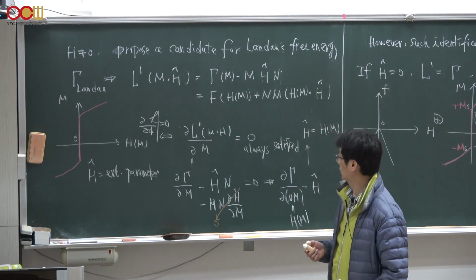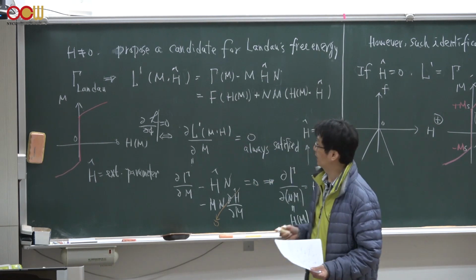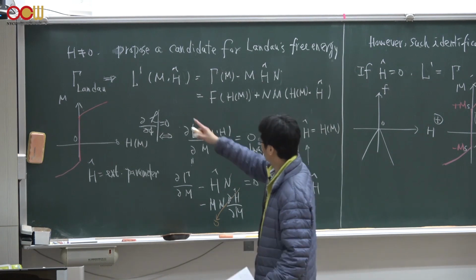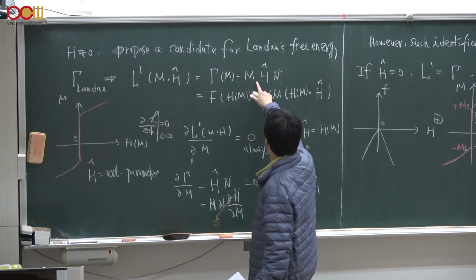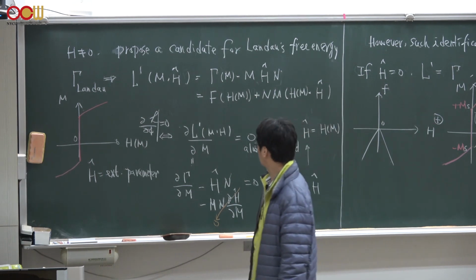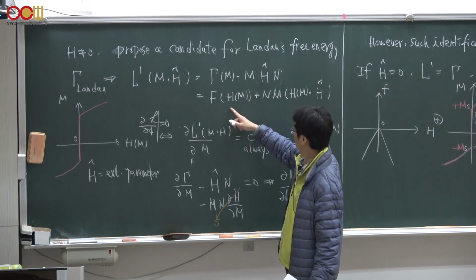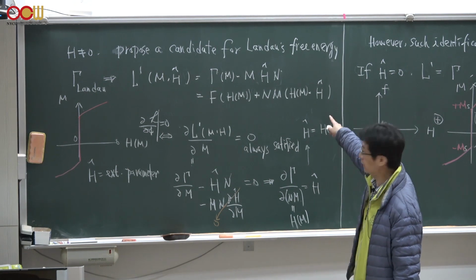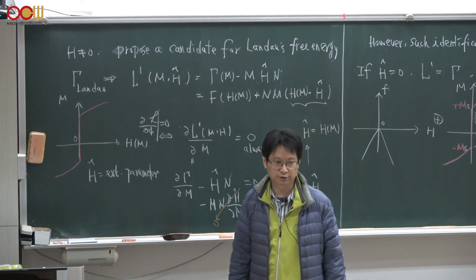In the presence of the external field, H is not equal to 0, we can propose a candidate for Landau's free energy, which we call L prime, in terms of the Gibbs free energy, and subtract a term which couples to the external parameter, such as the external magnetic field. So we plug in this Gibbs energy in terms of F plus m times h as a function of m, but we simply subtract the external field term.